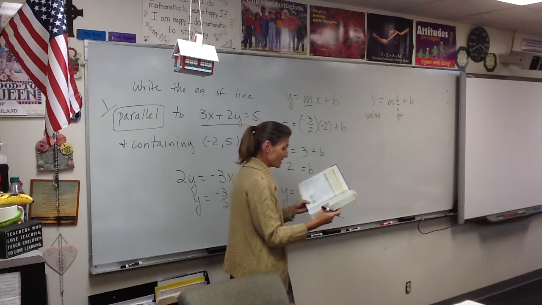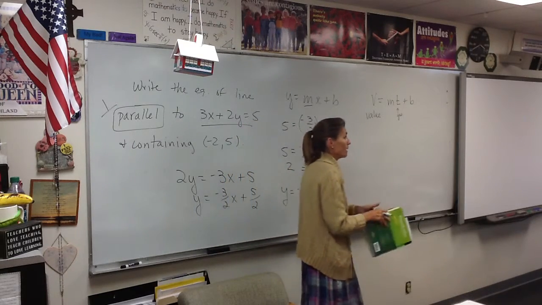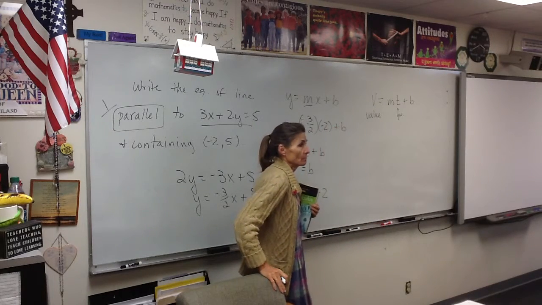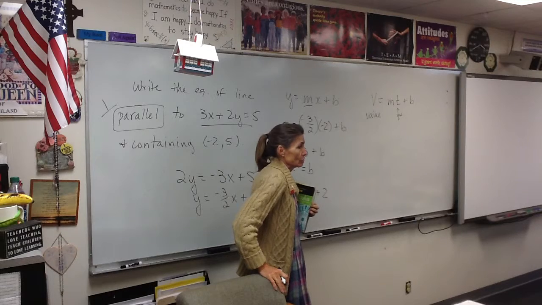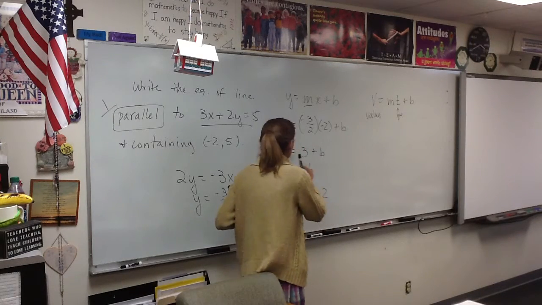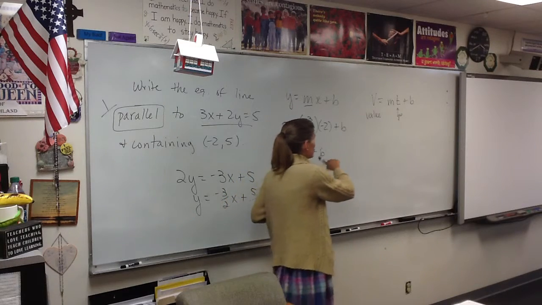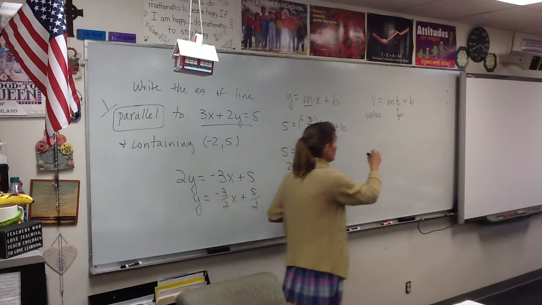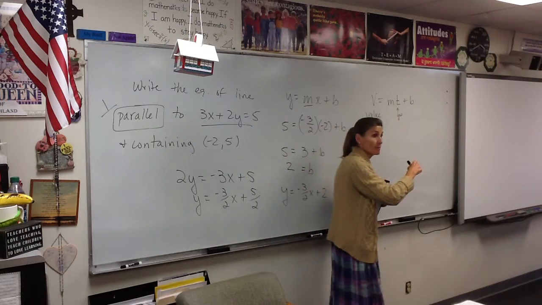Does anybody have any idea how we might do this? What did it take to write the equations of the lines we just did? The problem I just erased, it took points, right?